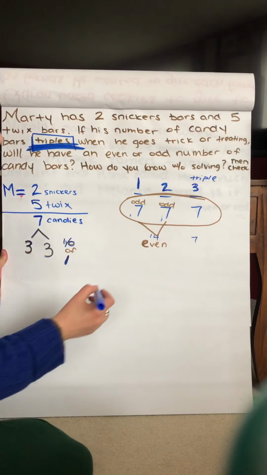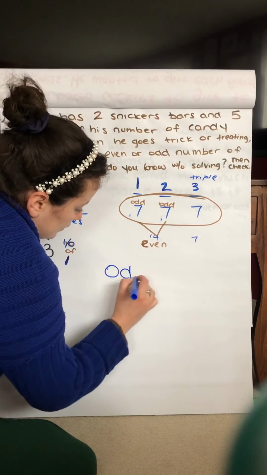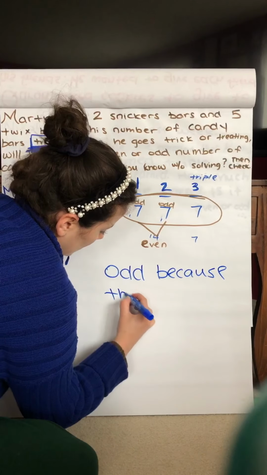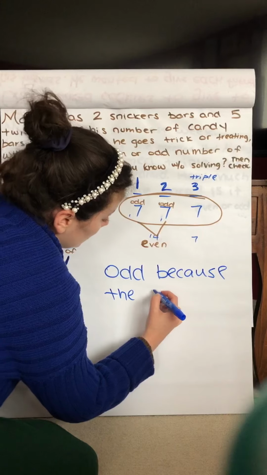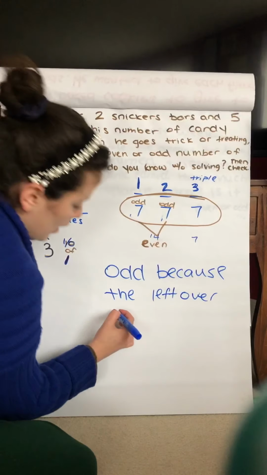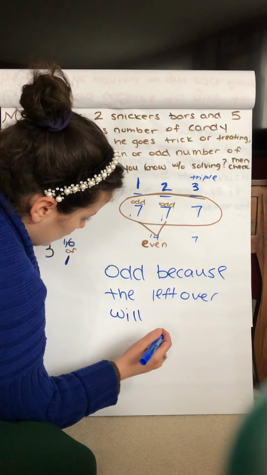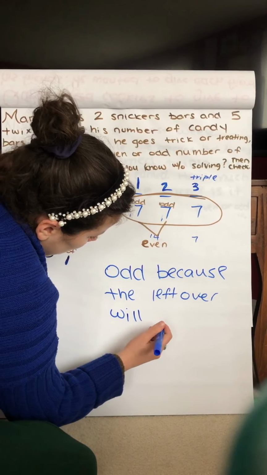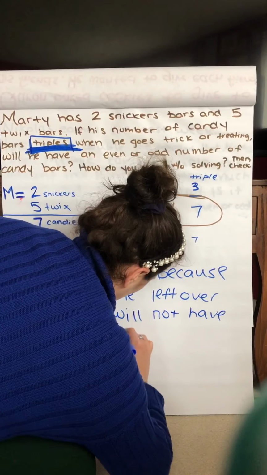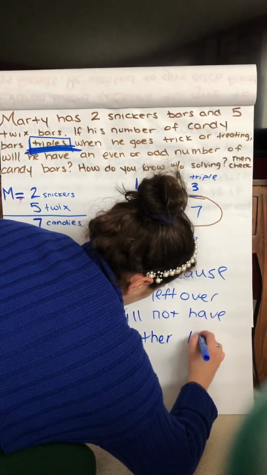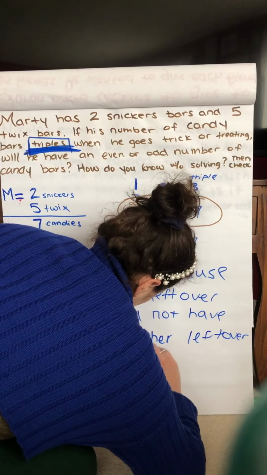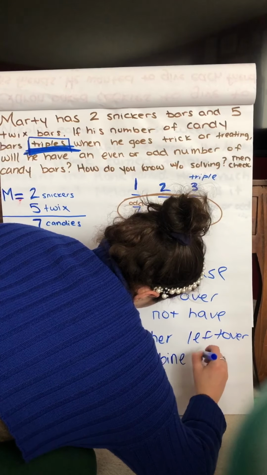So we know it is odd because the leftover addend will not have another leftover to combine with.